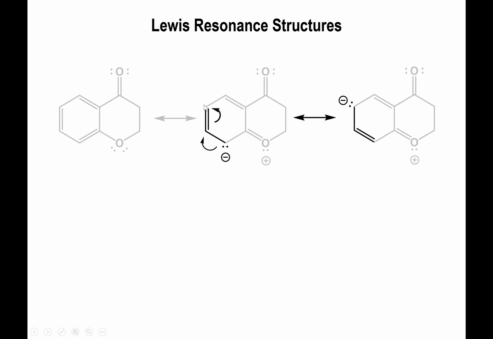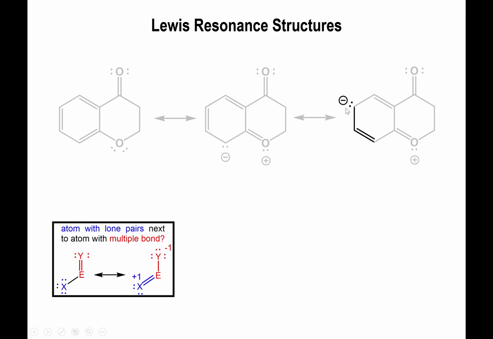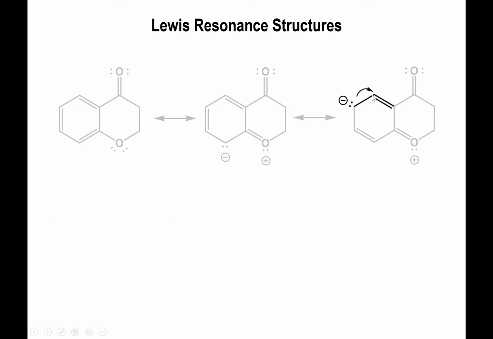But the carbon here on the end received electrons, so now it has a negative charge along with the lone pair. Alright, now same question. Is this lone pair next to multiple bond? And the answer is yes, there is a multiple bond, a new multiple bond. So we're going to move those electrons over to create another multiple bond, and the multiple bond that used to be there will have to get out of the way onto the next carbon.